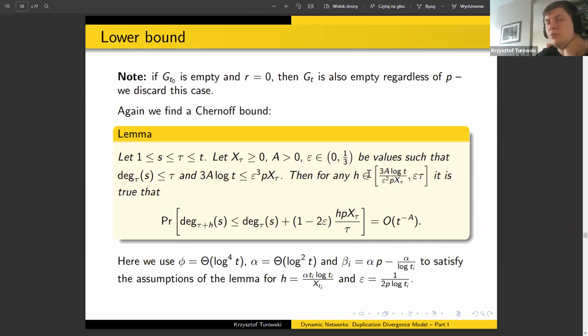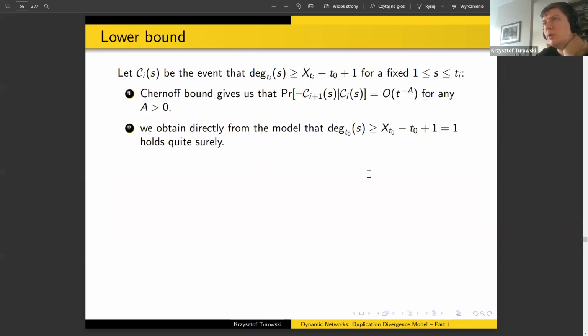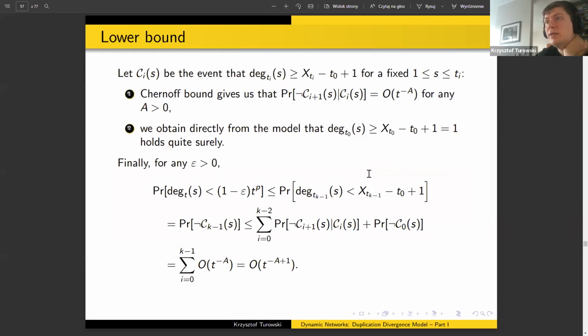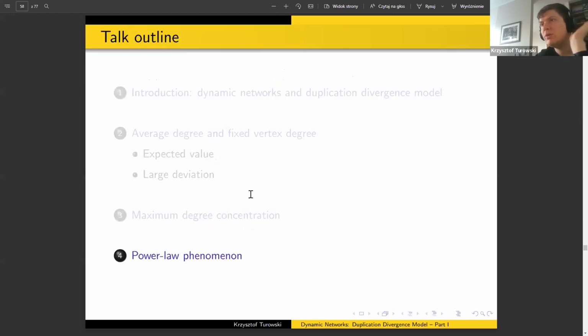And again, we have to pick proper phi, alpha, and beta i and all other parameters to get what we want. And eventually, we get the same result, only this time we have the lower bound as t to the power of p times some constant which is strictly less than 1. Okay, so this is the end of this proof.